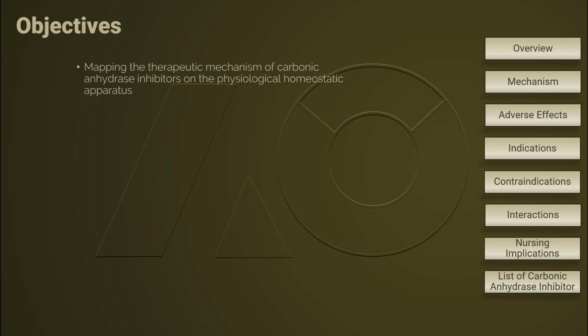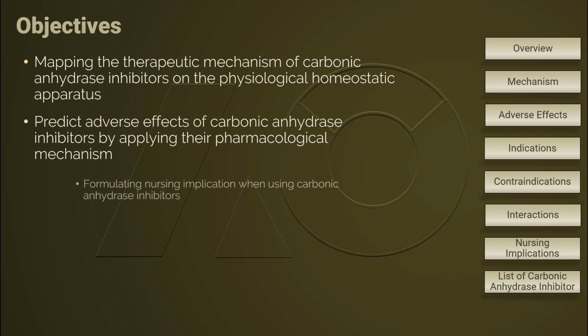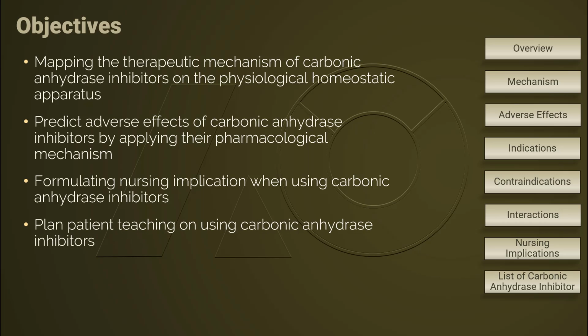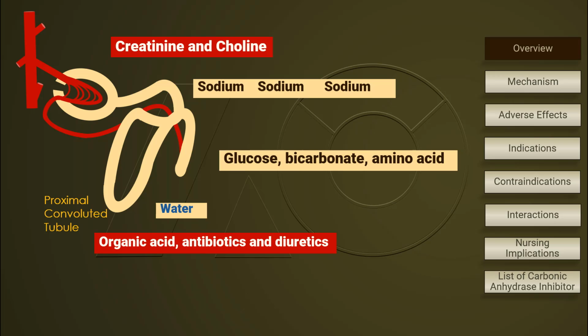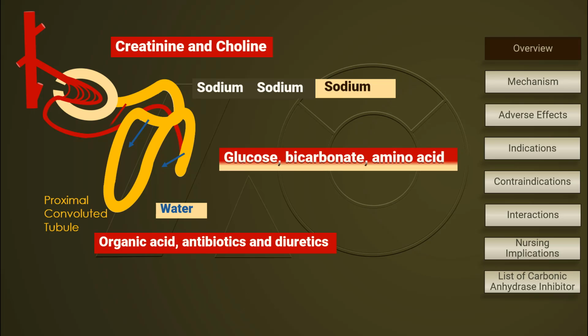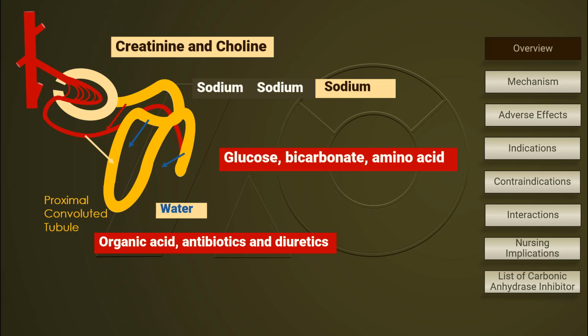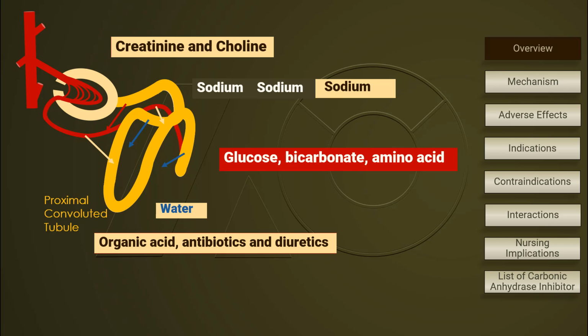Here we have the objectives for this lecture. We have seen this slide in the first lecture of this series. This is the proximal convoluted tubule, where the traffic is quite heavy, with lots of cations and ions, acids and bases, wastes and nutrients, and water traveling in and out of the blood and luminal filtrate.